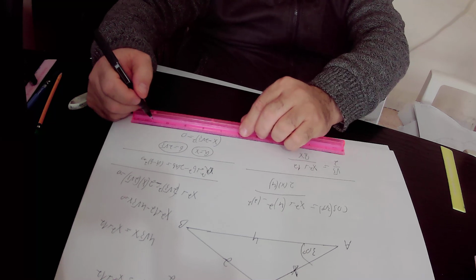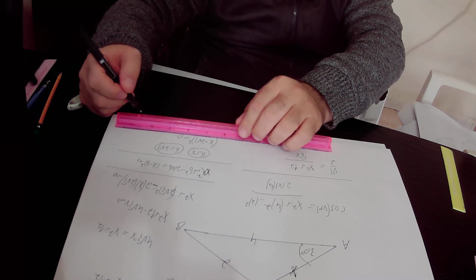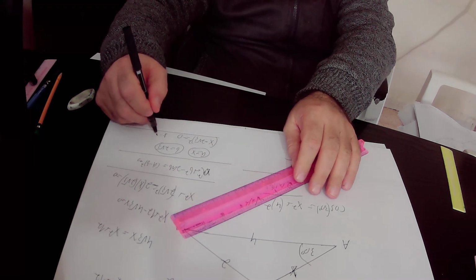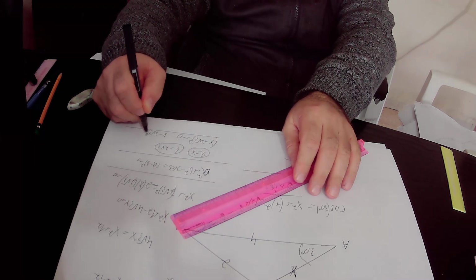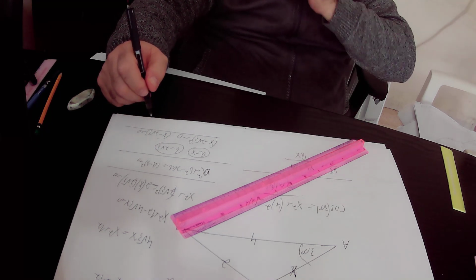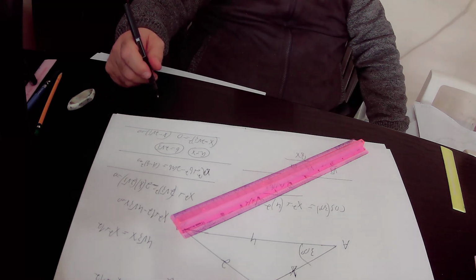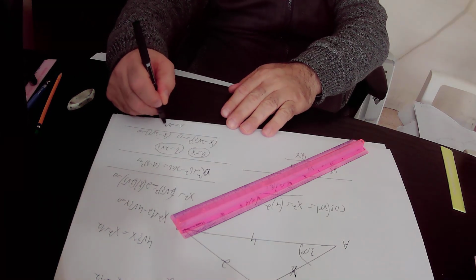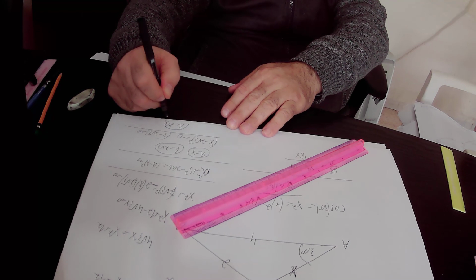Here we will take a root out of this equation, and we will get that x minus 2 times square root of 3 equals 0. Here we will add 2 times square root of 3 to this equation, and we will get that x equals 2 times square root of 3 units.